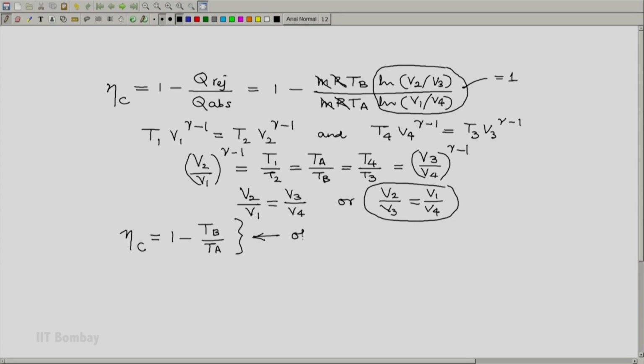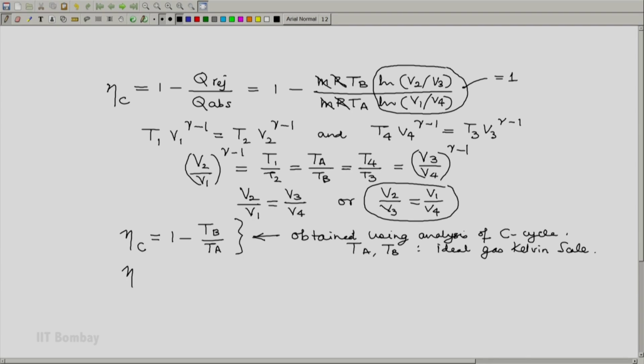Now this is an expression obtained using our analysis, and here TA, TB are temperatures on the ideal gas Kelvin scale. But we also have this expression: efficiency of the same cycle will be 1 minus theta B/theta A. Why?